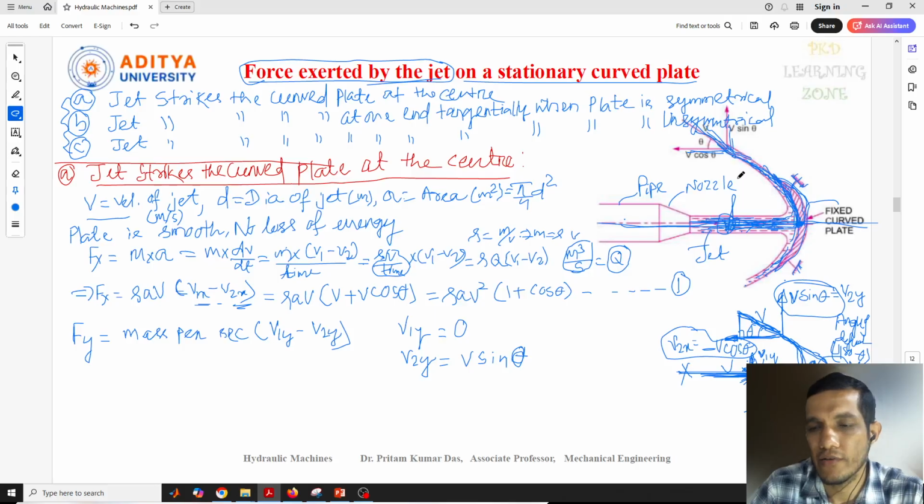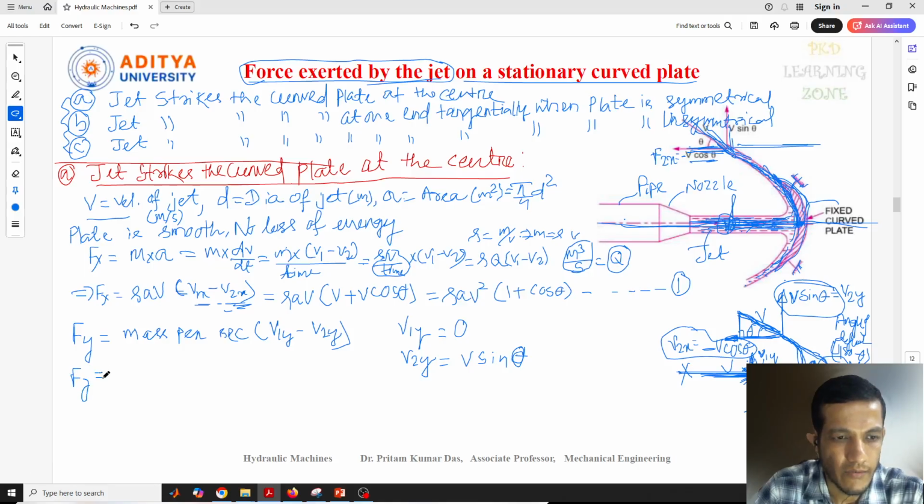If it is in the x direction, it should move in this direction, but here you can see the velocity moved in the opposite direction. That's why we have taken v2x with the reverse sign. Similarly, v2y is v sin theta, and v1y is equal to 0. Just put the values in this equation.